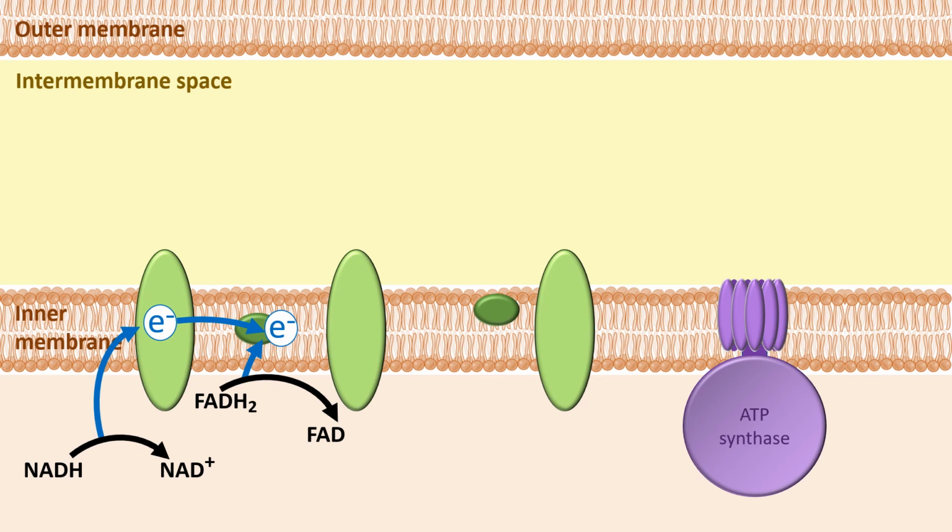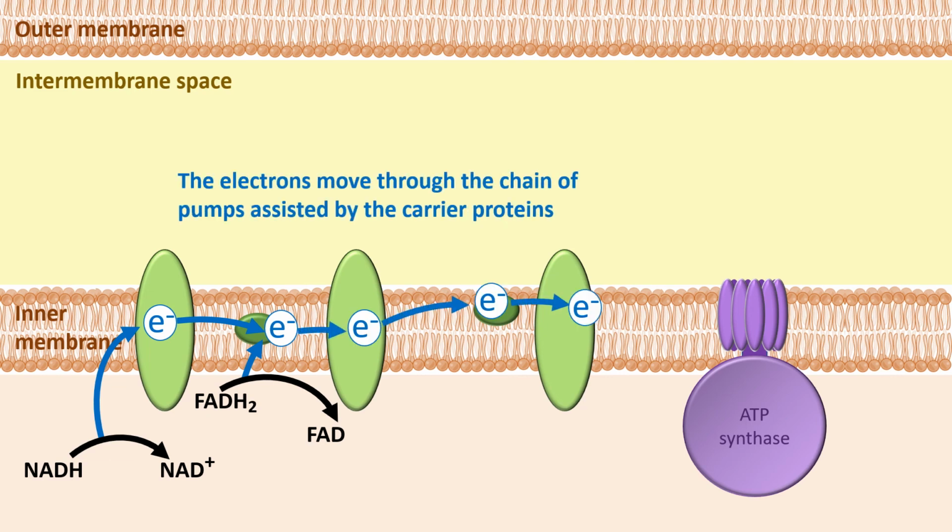So FADH2, don't forget the little 2, it's got 2 hydrogens, drops off its electrons at that first carrier protein, or more or less round about there. And that leaves FAD. FAD, again, goes off, can gather up some more electrons, do its job again. Everything gets recycled. And they keep on moving through the chain of proton pumps, assisted by the carrier proteins.